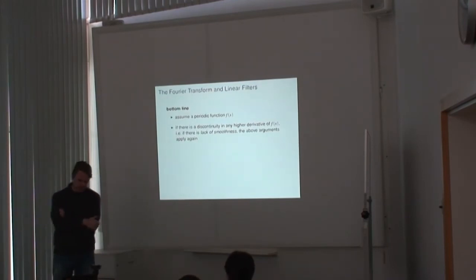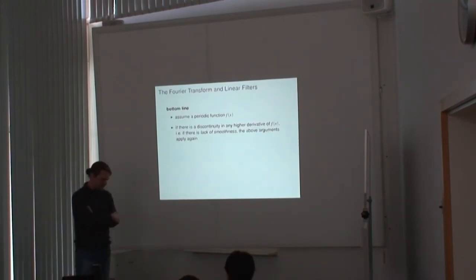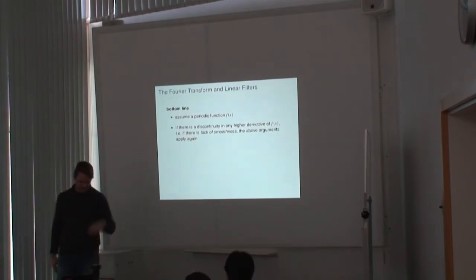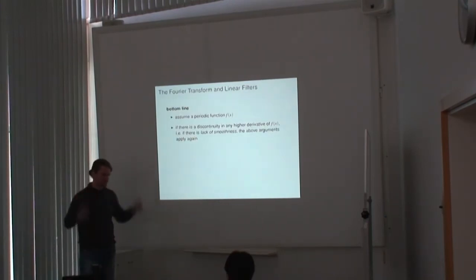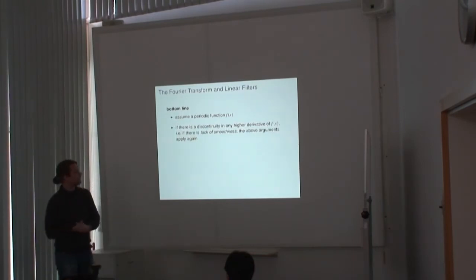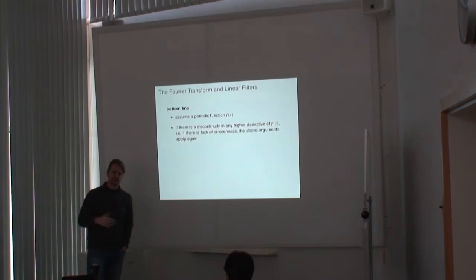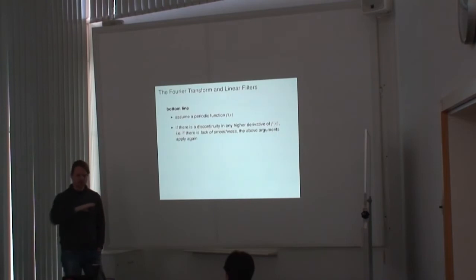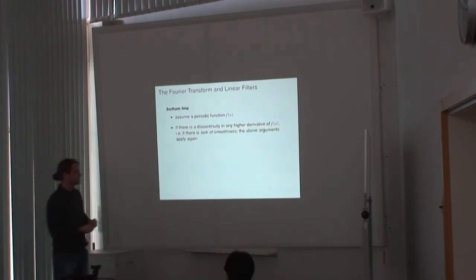And the number of times a function has a continuous derivative, let's say 3 times, 4 times, 70,000 times, but then it becomes discontinuous, is a measure of how smooth the function is. So in that sense, functions like sine and cosine, which we can derive infinitely many times and will always produce another sine or cosine, are the smoothest things we can think of. There are functions we can derive a couple of times and then all of a sudden they become discontinuous.